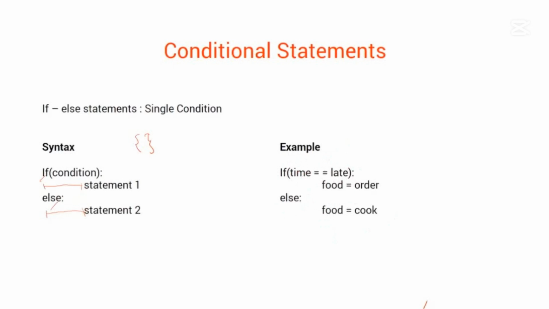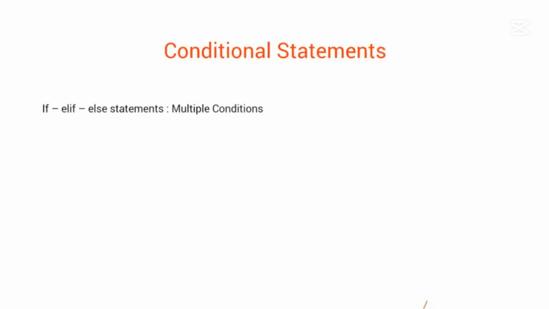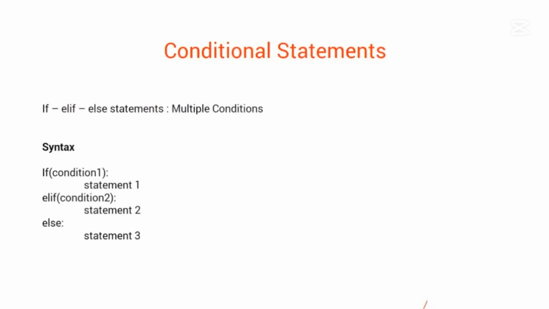If else condition is good when we want to check a single condition, but what if we want to check multiple conditions? For multiple conditions, we have the if, elif, else statements. The syntax for the elif, else statement is very much similar to the previous one. The only addition is this elif statement, which contains provision for checking an extra condition.